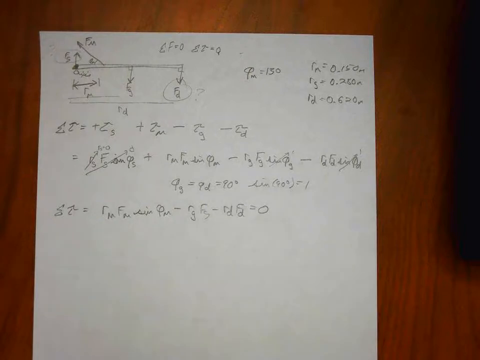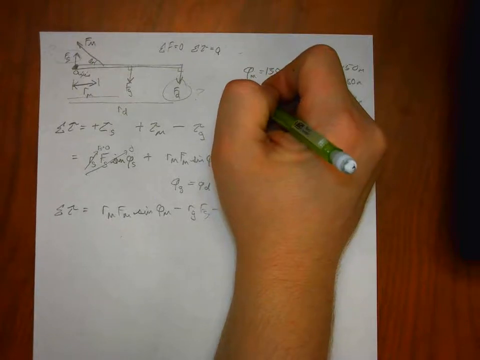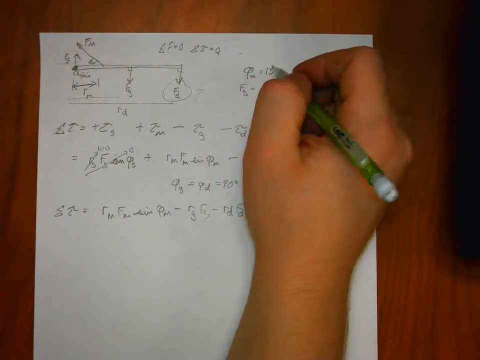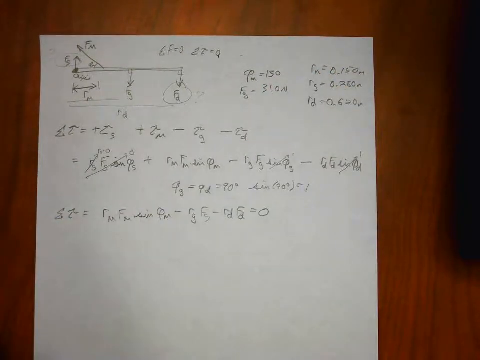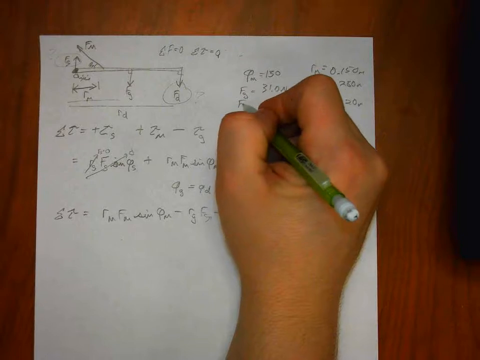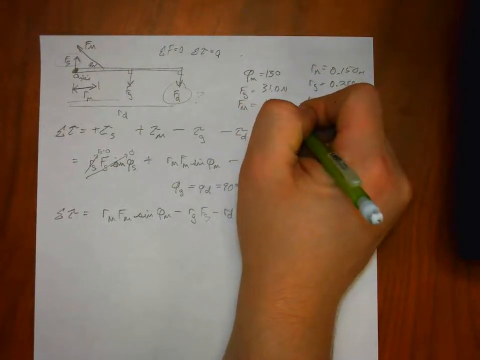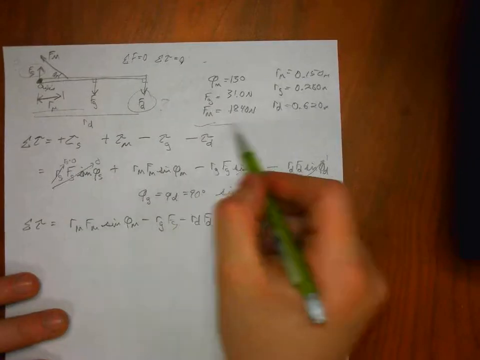So we have all these radii. We have the force, the weight of the arm. I should write that down. 31.0 newtons. We also have the maximum force of the muscle, which is 1840 newtons. These are all the things we know.